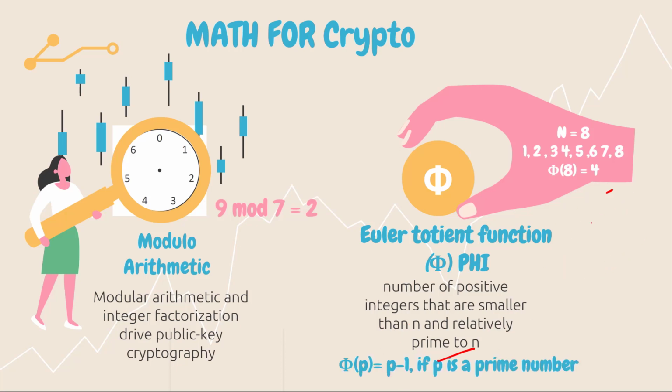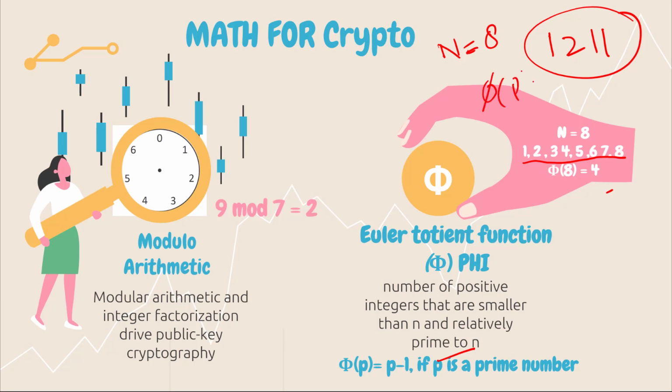One more thing I need to emphasize. If I gave you the number 8, it is easy to find out how many numbers less than it are relatively prime to 8; you can just write them down and eliminate. But if I gave you a number like 1201, or let's say 11, it becomes harder. But if you know it is a prime number, then we know that the phi of any prime is equal to p minus 1.